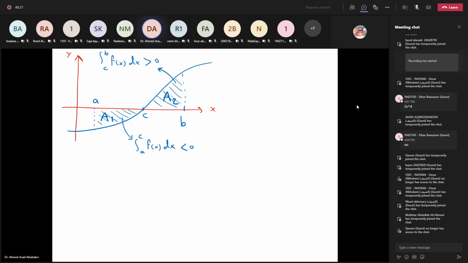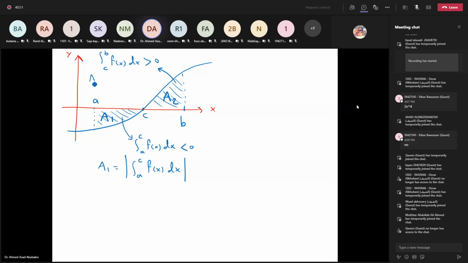Why? Because from C to B, the curve is above the x-axis. From A to C, the curve is under the x-axis. So the integral equals negative. But if we need to find the area, this is the absolute value of the integral from A to C of f of x dx. This is the area 1.